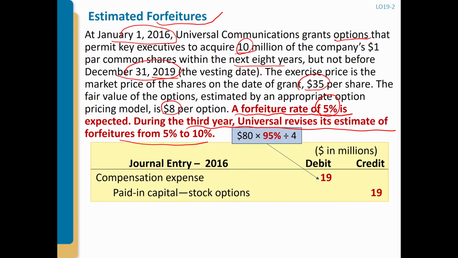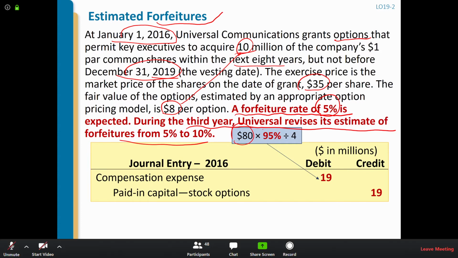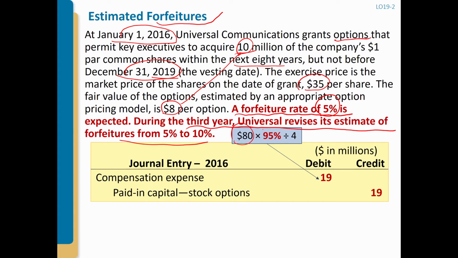Again, total compensation would be 80 million, right? 8 times 10. But because only 95% is going to be realized, 5% is going to be gone. We won't issue those stock options. So total compensation should be 80 times 95%.